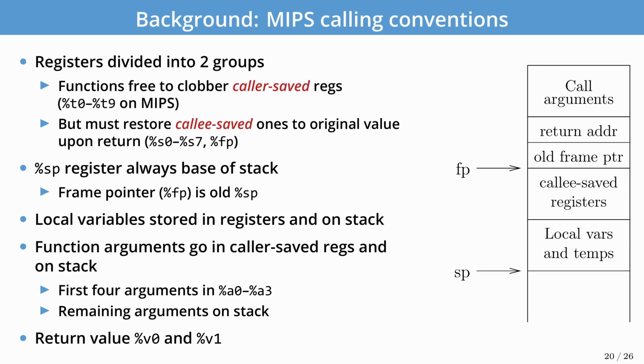Any remaining local variables and temporary storage that is required will be placed after that, and the stack pointer will be pointing to the bottom of all of this. When a function returns, it typically returns the return value through 2 registers, V0 and V1.